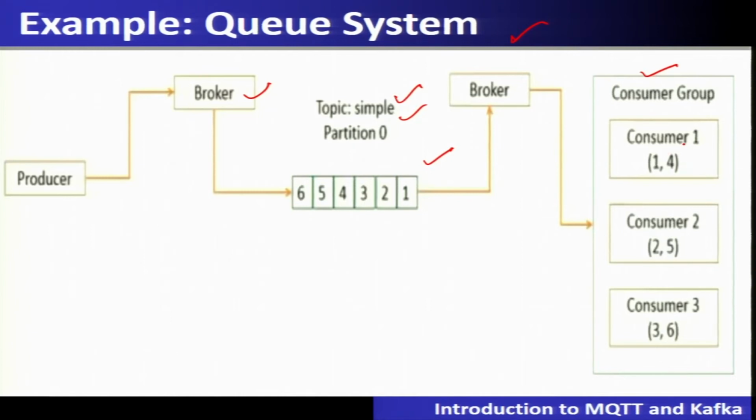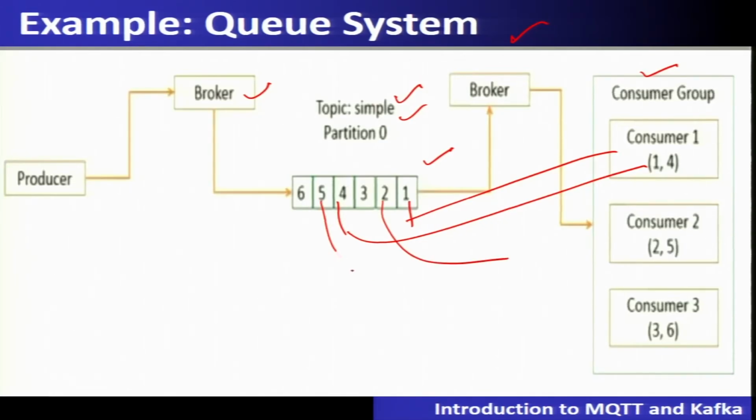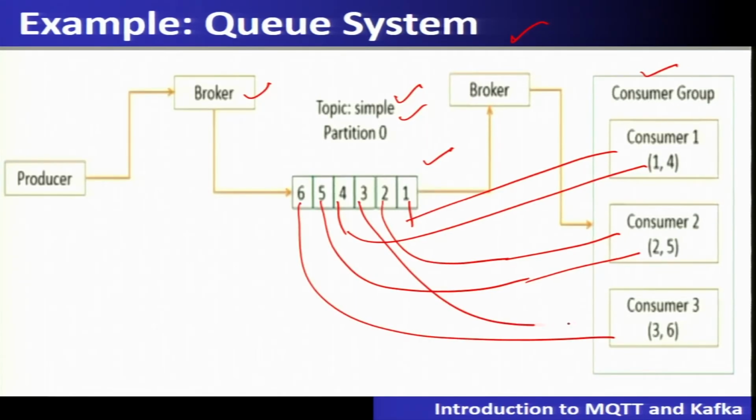In this example, consumer 1 will consume 1 and 4 from a particular partition, consumer 2 will consume 2 and 5, whereas consumer 3 will consume 3 and 6. So, you can see that the messages are consumed only once by any of these consumers in the consumer group.